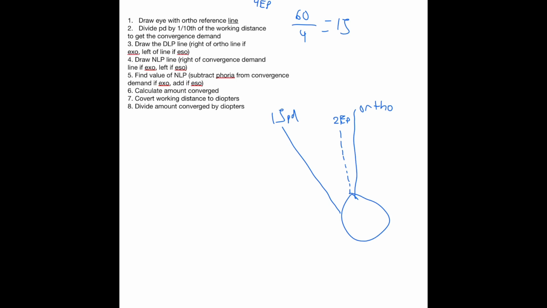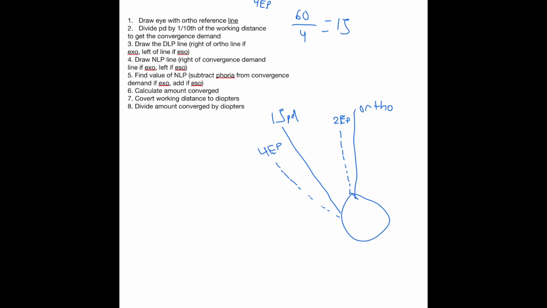Okay, and then draw the NLP line, right of convergence demand line if exo, left if eso. So this person is 4 esophoria, so I'm going to draw it to the left, 4 esophoria.